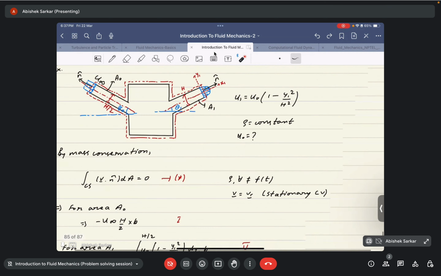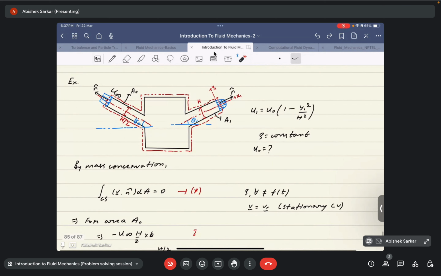If this is the total height or width of the arm, we can take the integral from minus h by 2 to h by 2, because the coordinate system we have chosen, the y1 x1 coordinate system, has its origin at the center line. That's why the integration varies from minus h by 2 to h by 2.